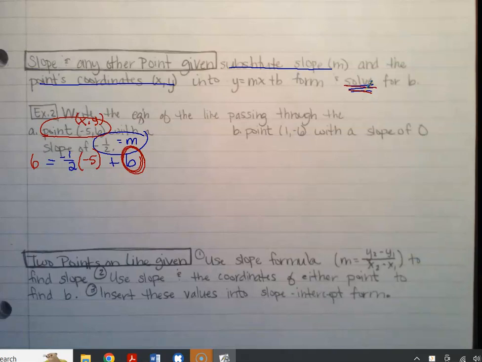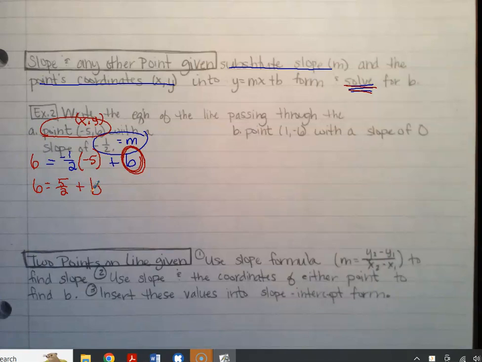So let's start with that. Let's do some math here. What's -1/2 times -5? It'd be a positive 2.5, or probably better to leave it as 5/2, plus b.